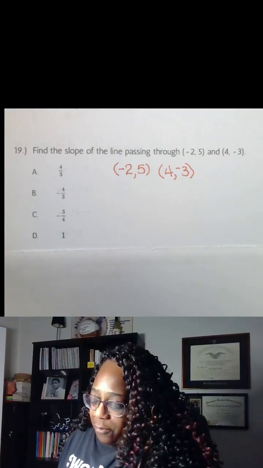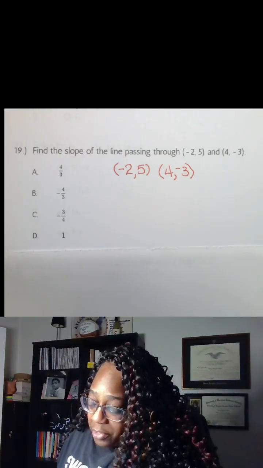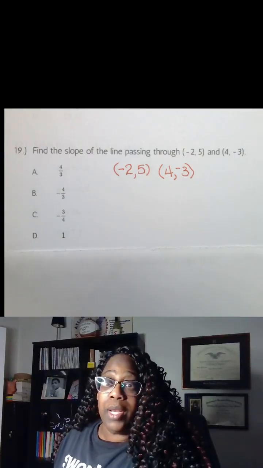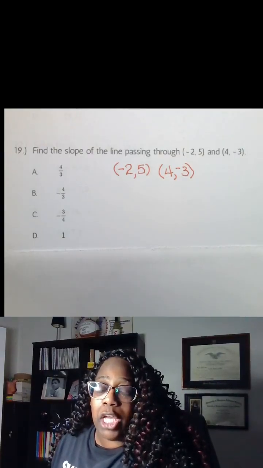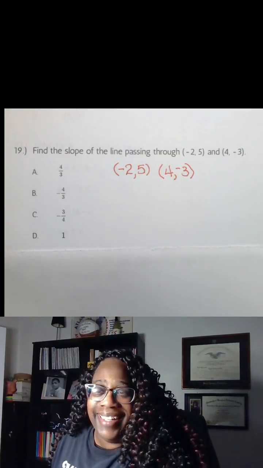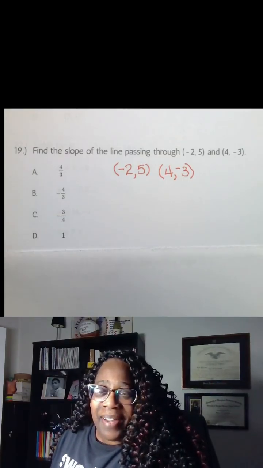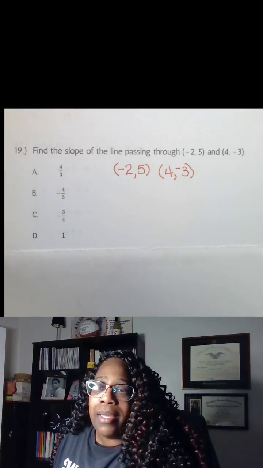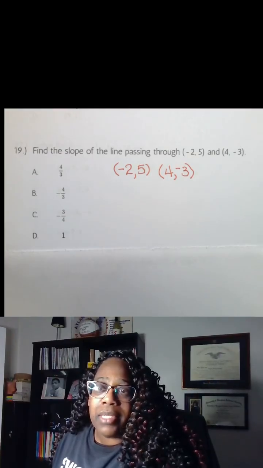So is it A, 4/3, B, -4/3, C, -3/4, or D, 1? What do you think? You remember this? Okay, good. We got B, and someone is saying C. All right, we got C.